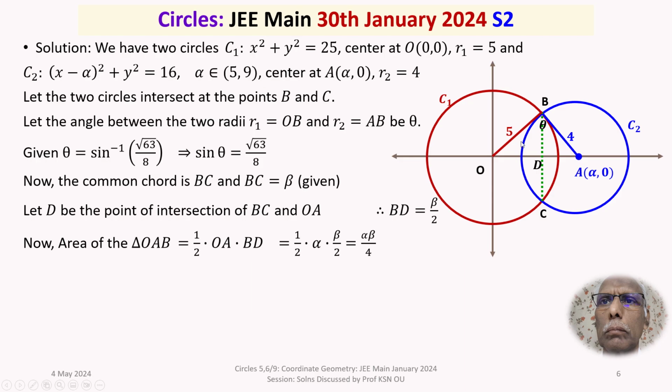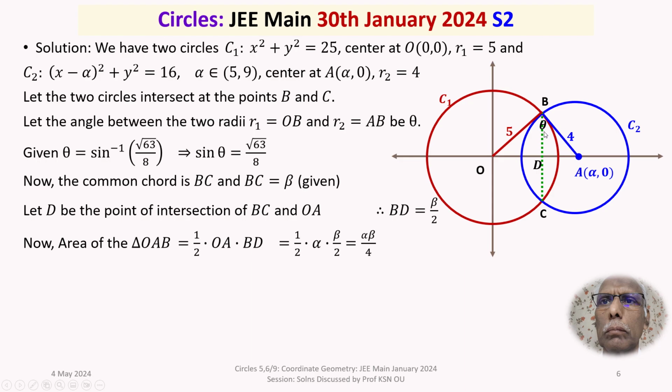On the other hand, the same area of this triangle OAB can be computed as half of AB into OB multiplied by the sine of the angle between them.